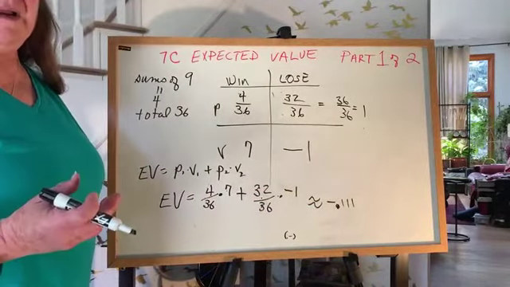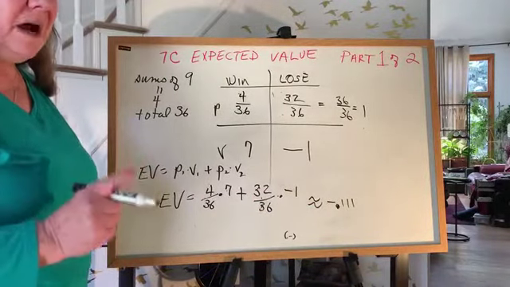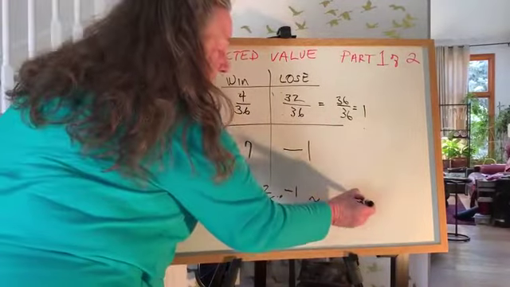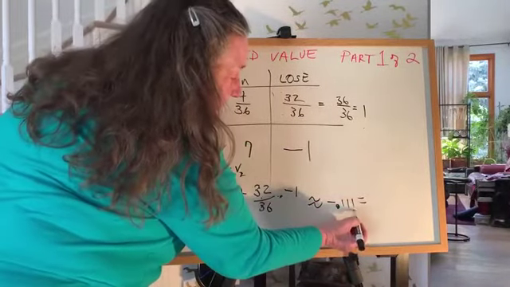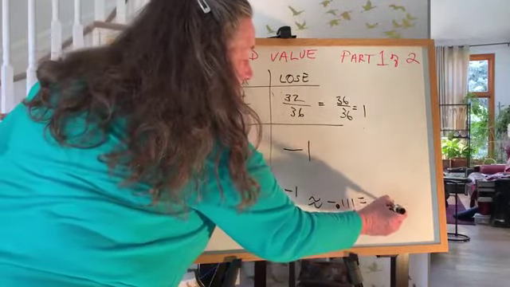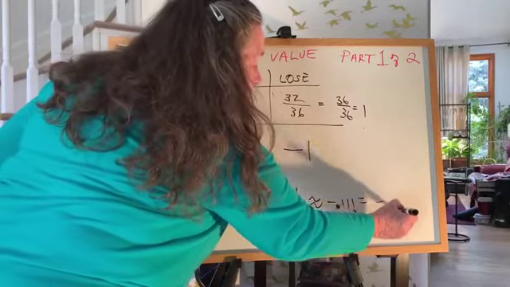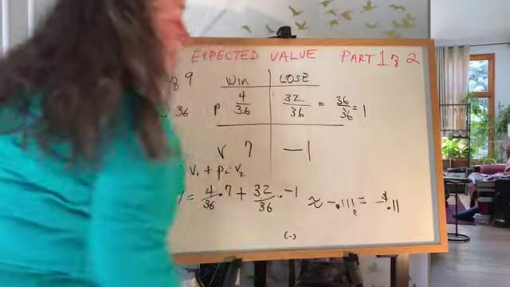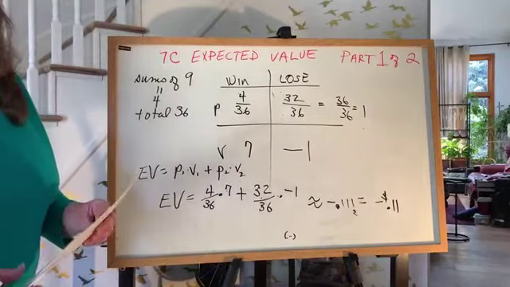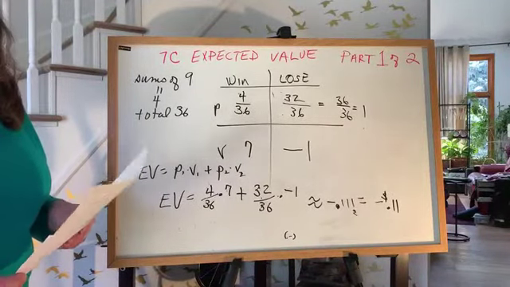Okay? This is money, so we must convert that to cents. So that is, when I look at that for my rounding, it's -0.11 dollars. The expected value is -11 cents.